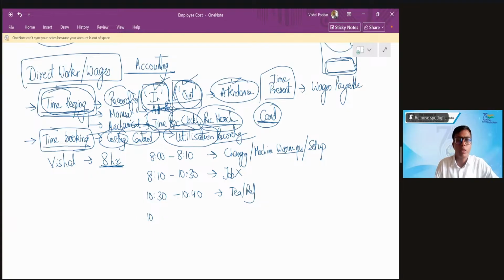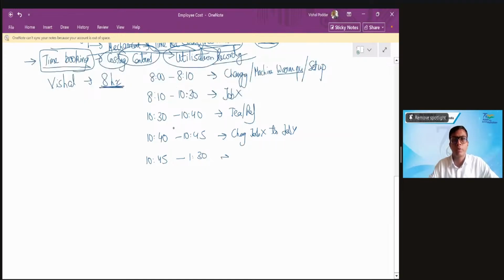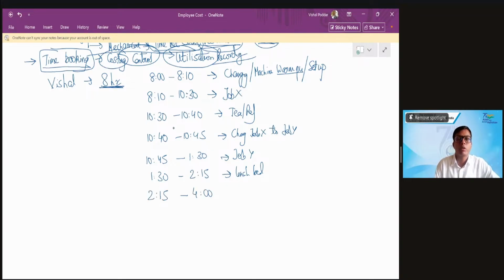Then 10:40 to 10:45, again my time was spent changing from job X to job Y. Then 10:45 to 1:30, I worked on job Y. Again 1:30 to 2:15, we had the lunch break. Then 2:15 to, let us say, 4, I worked on job Z.